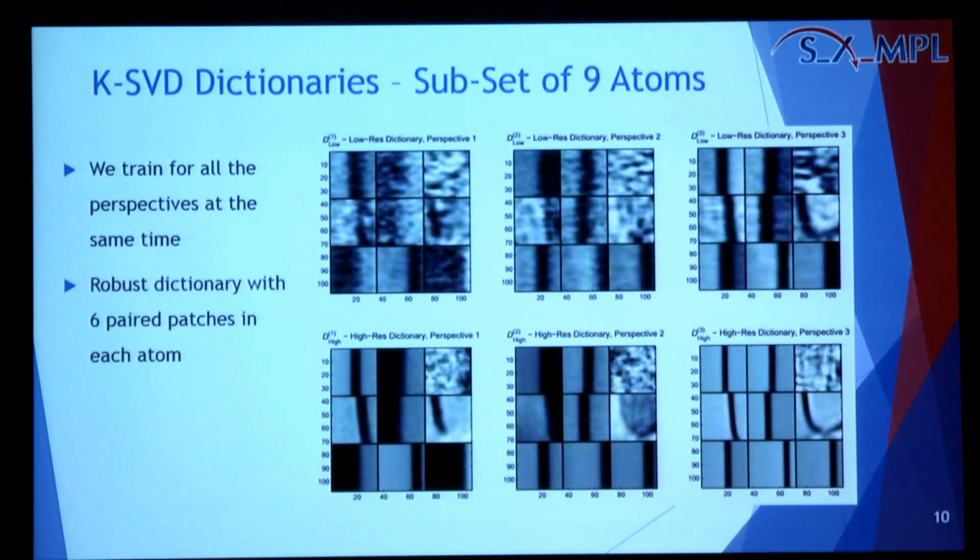And that's how it looks for the three perspectives: the left, right, and top perspectives. We see each one of the patches is paired. It was learned together. And in this case, we can actually map low-res to high-res. It's a map. If we look at this component, it's a low-res line, and it maps to very nice straight lines here in the high-res.